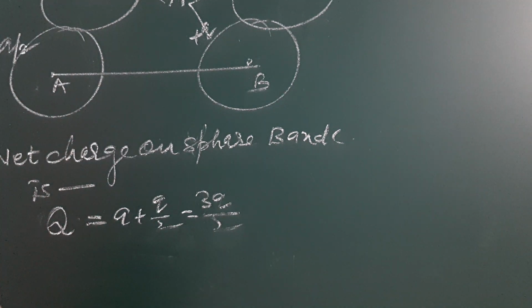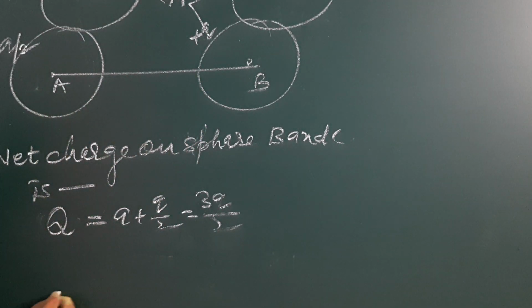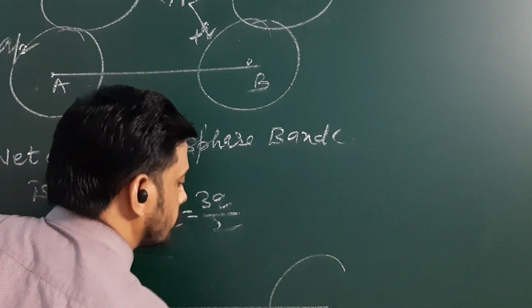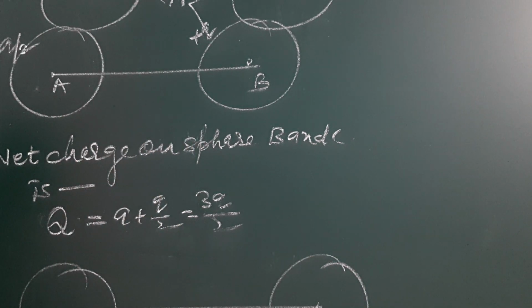Again, it is asking about a third conducting uncharged sphere C of the same size, first touched to A and then B, and then placed exactly between A and B. Suppose that is A and that is B. What is the distance between them?